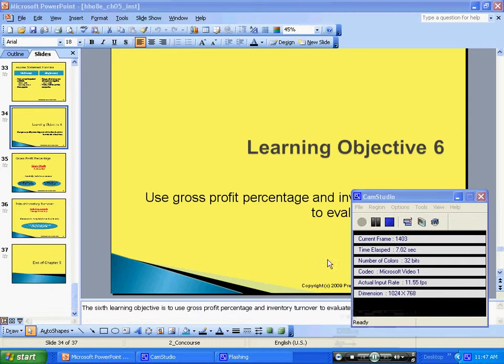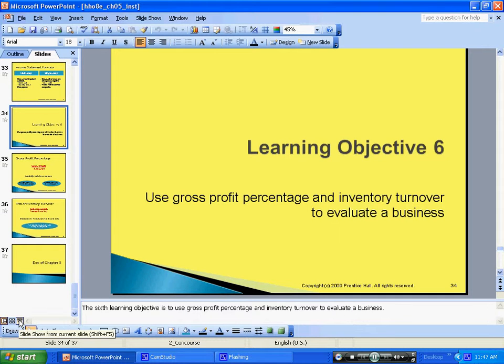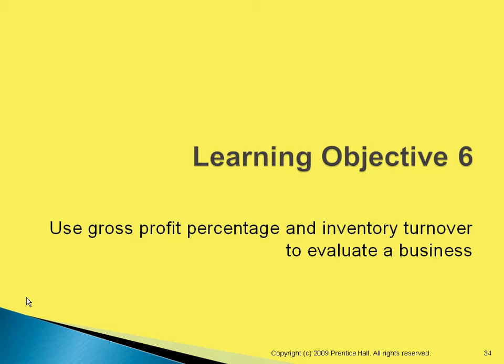Chapter 5's fifth and last objective is to calculate another couple of key ratios that merchandisers use. One is the gross profit percentage and the other is the inventory turnover. We use these two ratios to evaluate the business's performance.